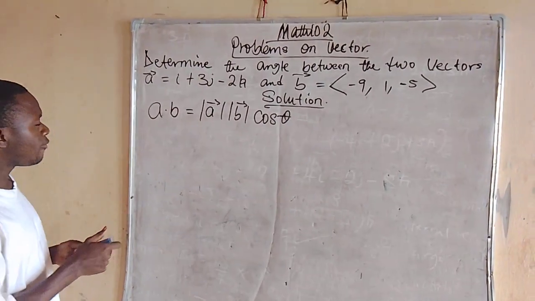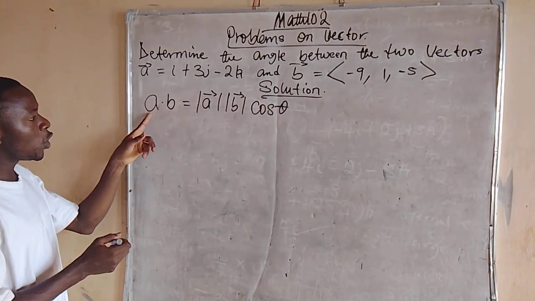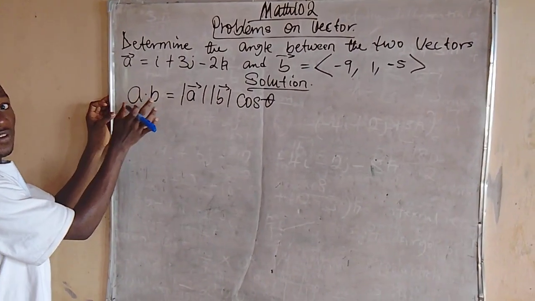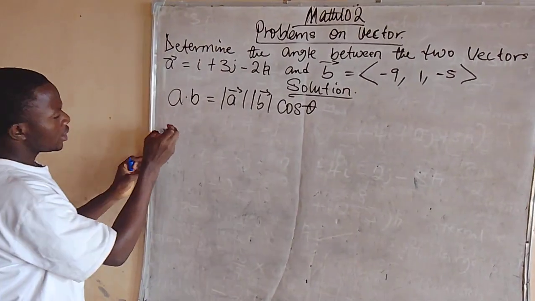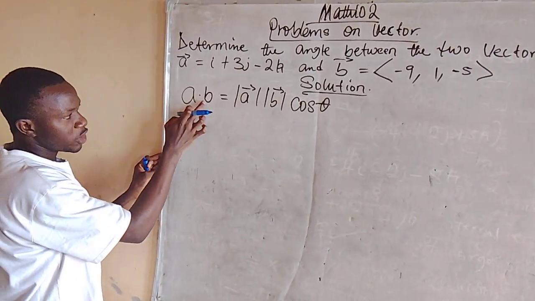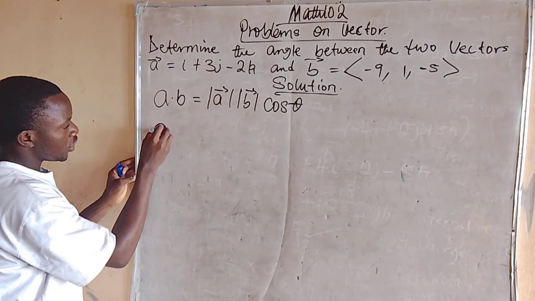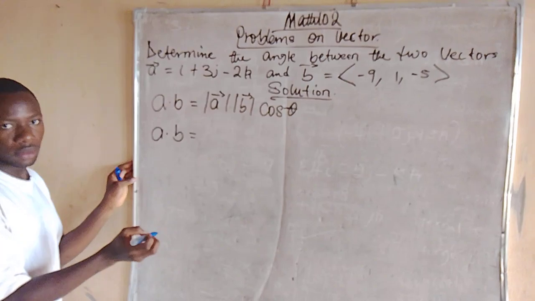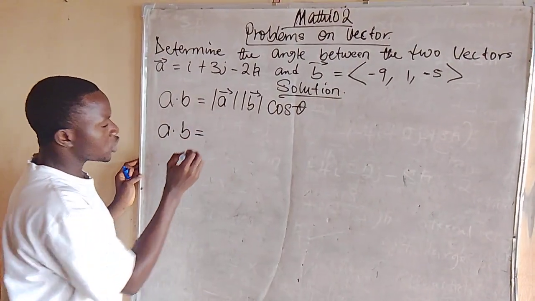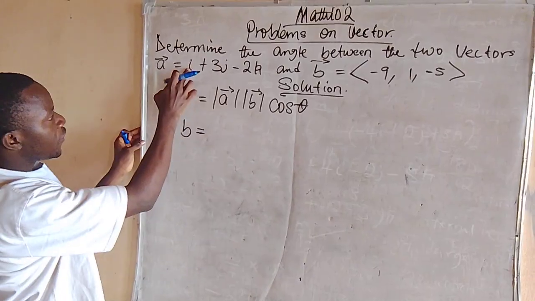First thing we have to look for is the dot product of these vectors, the value of A dot B. Let's say we have A dot B is equal to this, which is the vector.